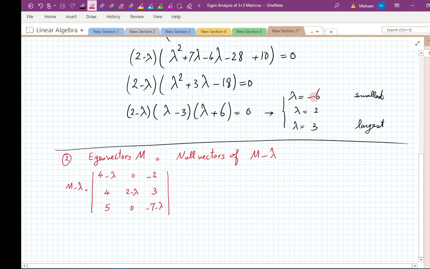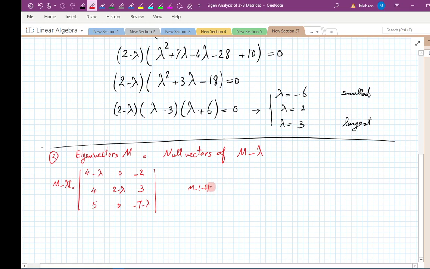Now we are going to take turns, one at a time. Take this lambda, put it here, and then find the null vector of that. What does that mean? Let's first of all say M minus 6. If you want to put an identity, it doesn't matter. Some books put it, some books don't. So this one would be what?